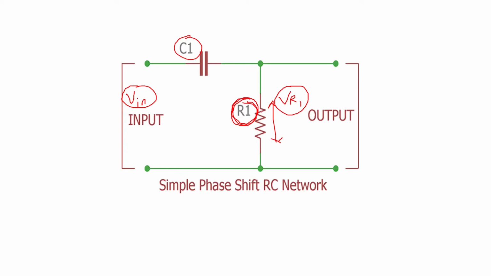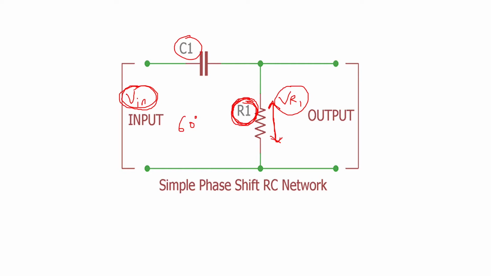So to have a certain voltage, we will choose R1 such that whatever voltage is developed across R1 has a 60-degree phase shift with the input voltage. So it is going to lead the input voltage by 60-degree. In that way, we will choose R1, and that will make our RC phase shift network.